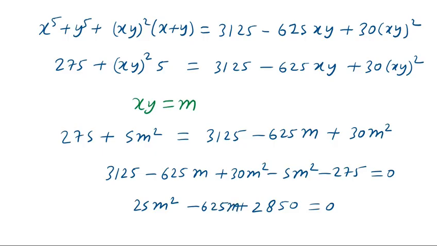Now in the left hand side 25 is a common factor, so if we take common 25, then you will get inside the bracket m square minus 25m plus 114 and this is equals to 0. Now divide both sides by 25, then in the left hand side m square minus 25m plus 114 is equals to 0.